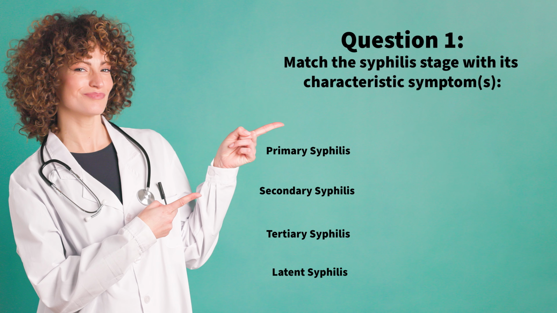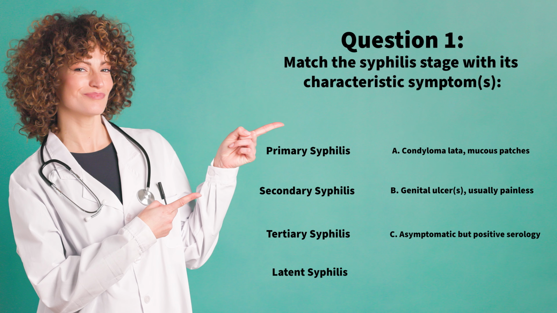The characteristic symptoms are A. Condyloma lata, mucus patches, B. Genital ulcers, usually painless, C. Asymptomatic but positive syphilis serology, D. Cardiovascular damage, and gummas. Correct matches are primary syphilis, B, secondary syphilis, A, tertiary syphilis, D, latent syphilis, C.